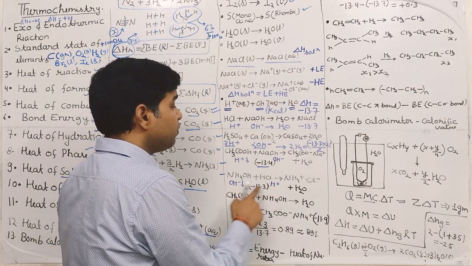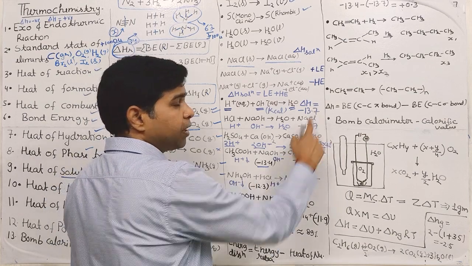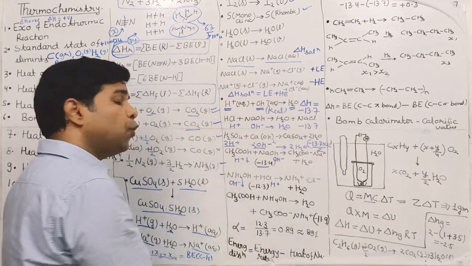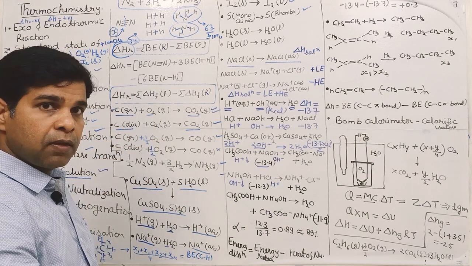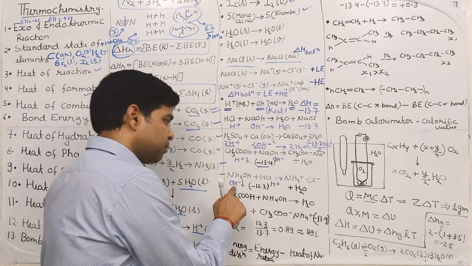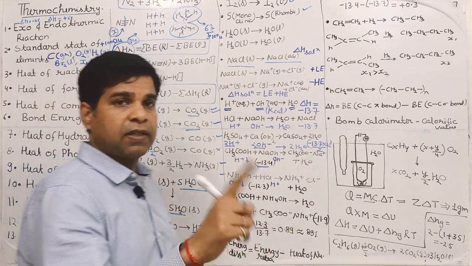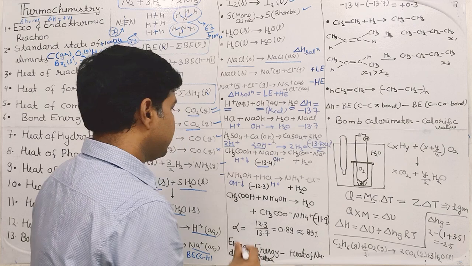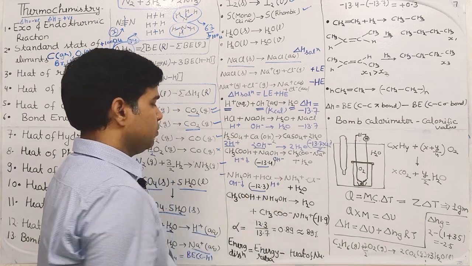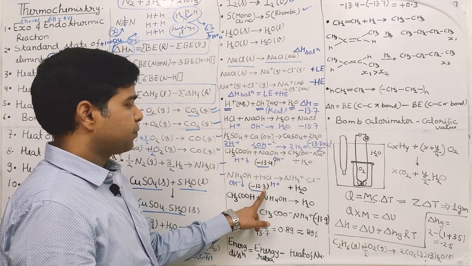If 1 H positive and 1 OH minus react, energy 13.6 is released. But since the OH minus is less, it becomes the limiting reagent, and the other becomes the excess reagent, and energy release is always less than 13.7. This time they release the energy minus 12.3.